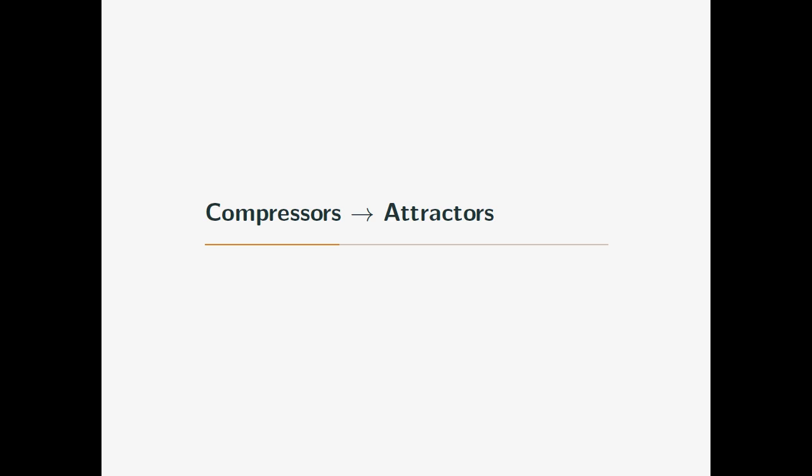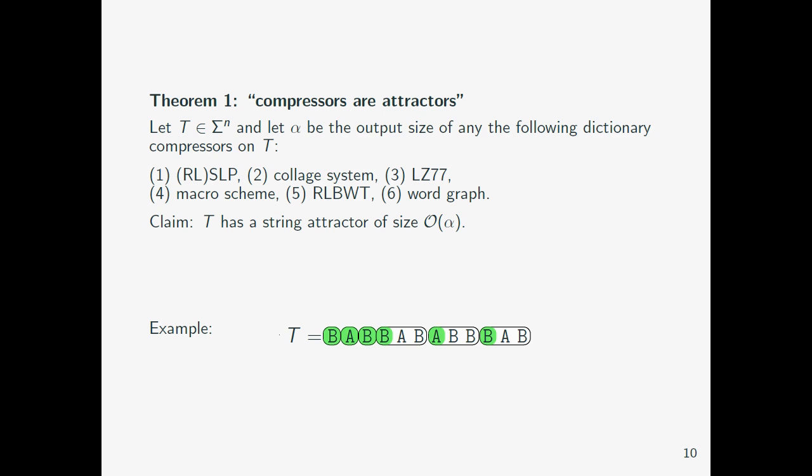So why are these objects interesting? Our first result is that compressors are basically attractors. Our first theorem says that if you're given one of the dictionary compressors I showed you before, then each of these compressors generates a string attractor of the same size as its output.